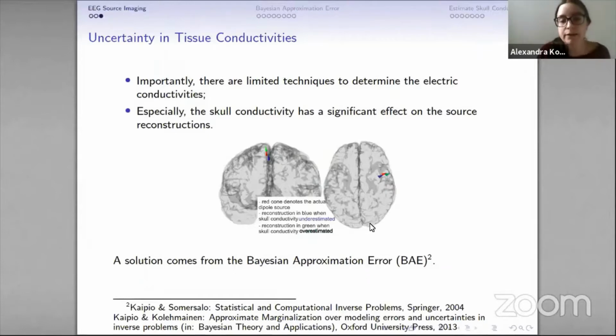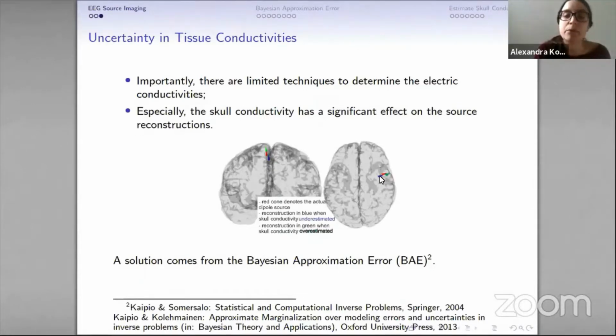And here I have an example where you can see a red arrow that shows the true location of the brain activity, presumably in a simulation. And we have two reconstructions, one in blue and one in green.